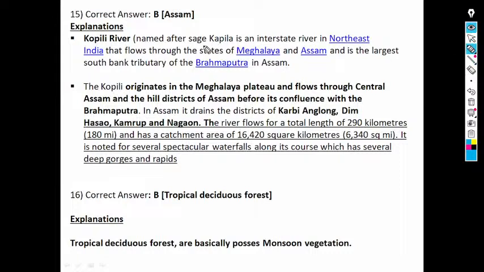Kapoli River, named after Sage Kapila, is an interstate river of northeastern India.